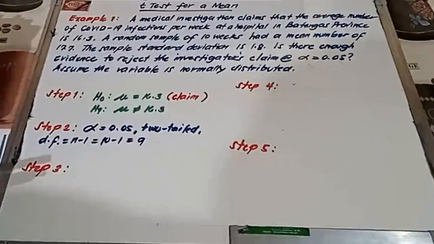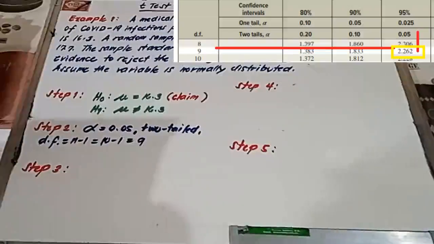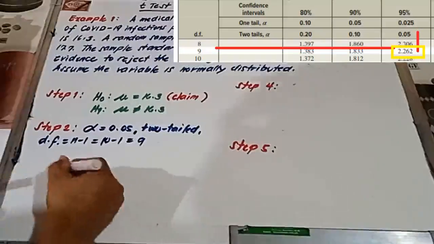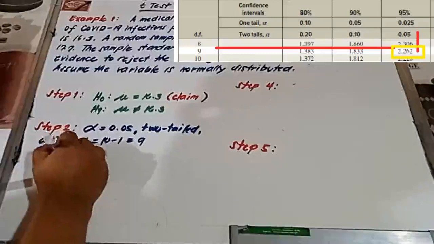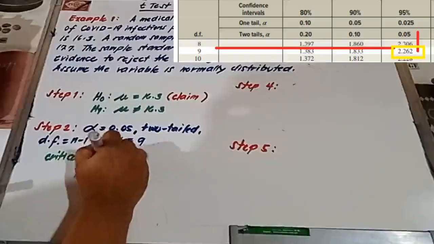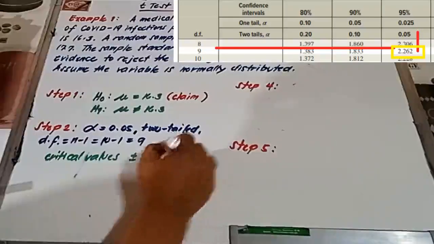Okay. So, gamit yung ating t-distribution table, we have degrees of freedom 9. This is two-tailed. Hanapin natin yung row ng 0.05, two-tailed. Meron siya. 9. So, therefore, our critical values are positive, negative 2.262. Okay?